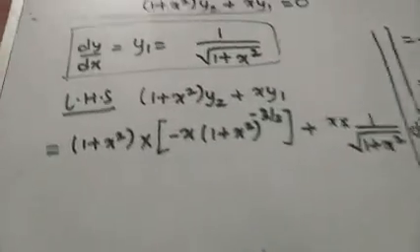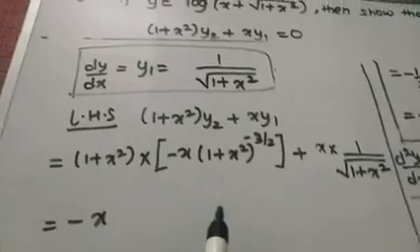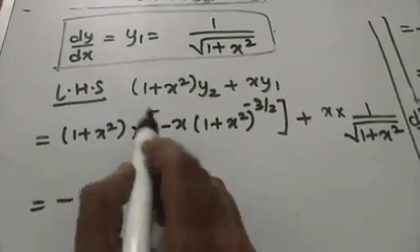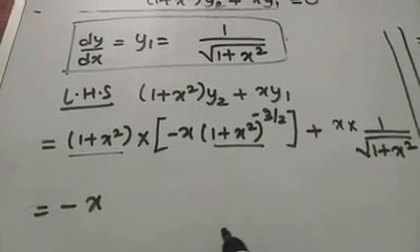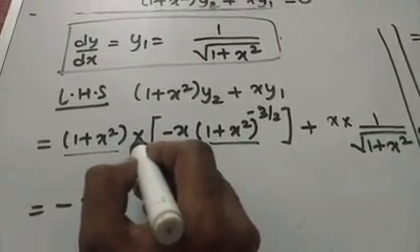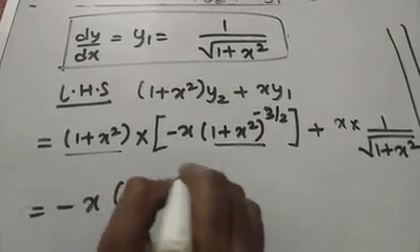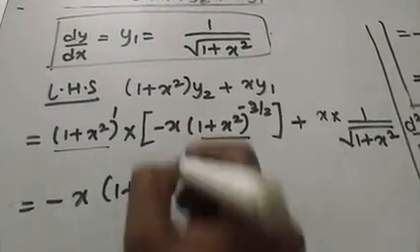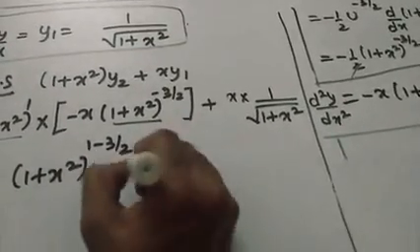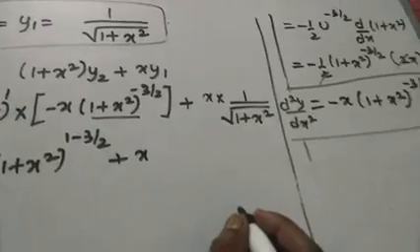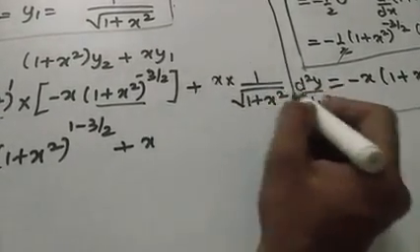Now minus sign x. Now here we can say that this is in the form of multiplication. 1 plus x square and 1 plus x square, their bases are same and they are in the form of multiplication, so their powers are added. So what is the power here? 1 minus 3 by 2, x. Now what is the power of this term?